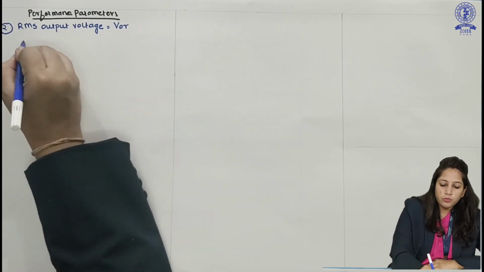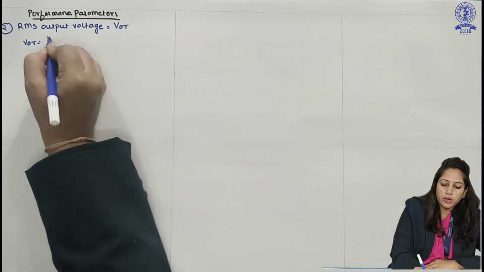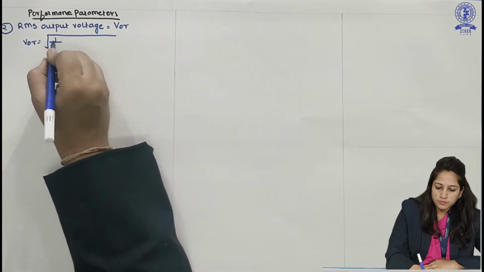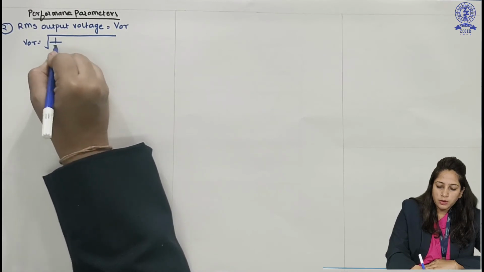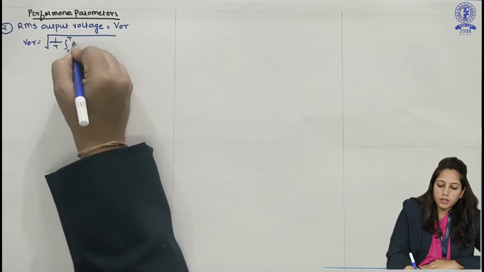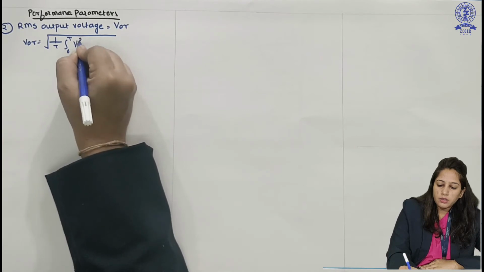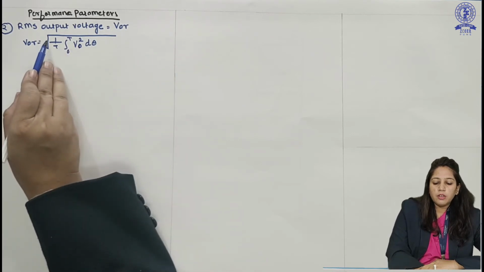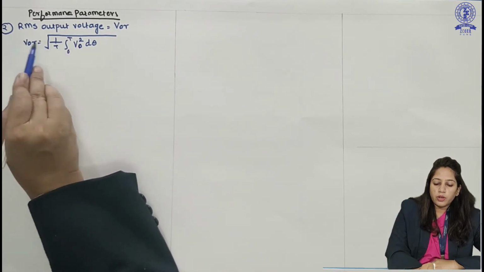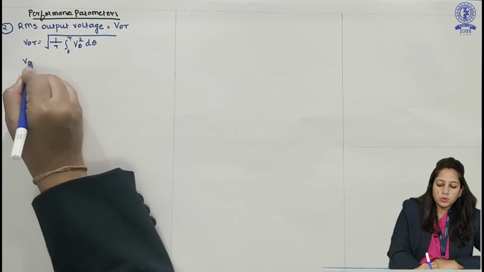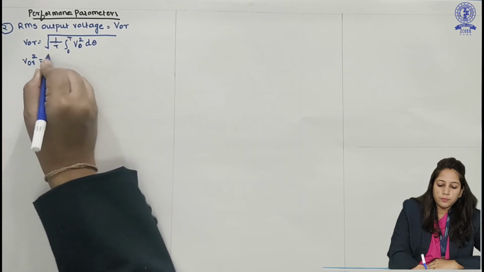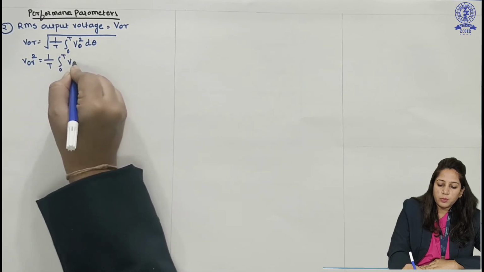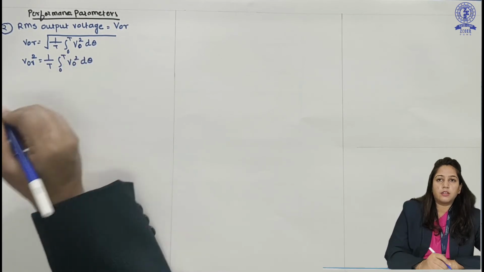We know VOR is equal to the square root of, the formula for RMS output voltage is, square root of 1 upon T integration from 0 to T of output voltage square d theta. For the time being I will send this square root to this side, so it will become a square. So VOR square is equal to 1 upon T integration from 0 to T of output voltage square d theta.